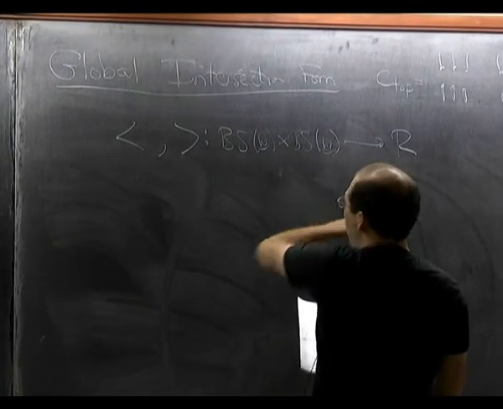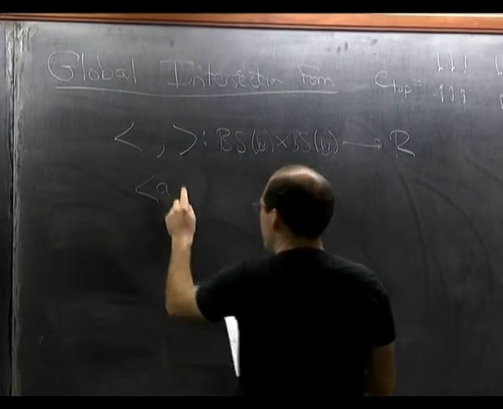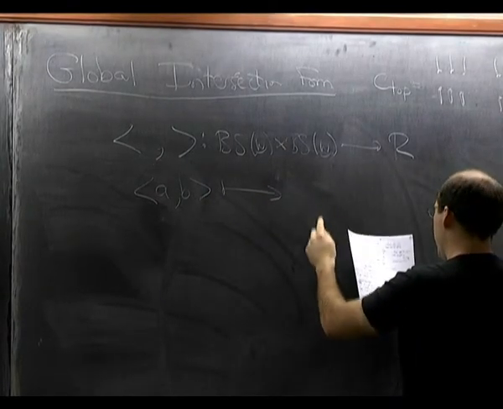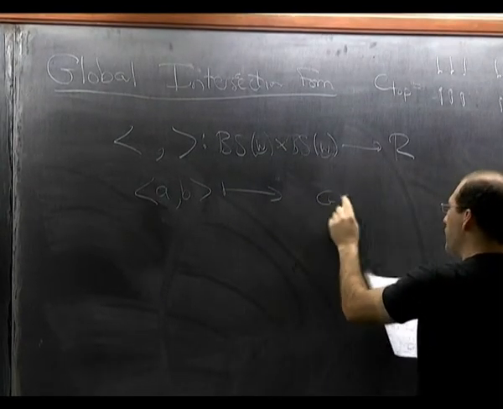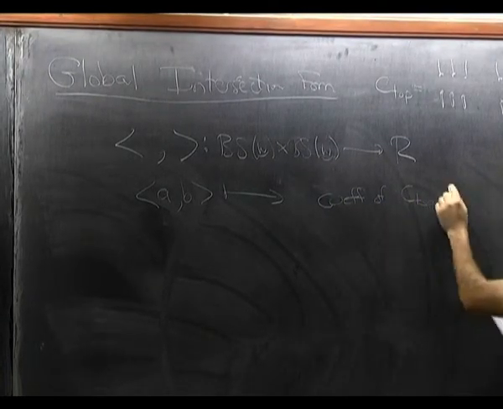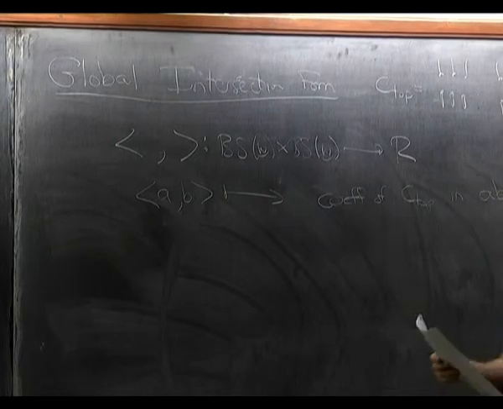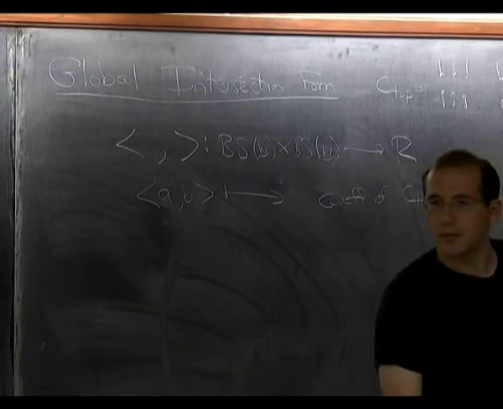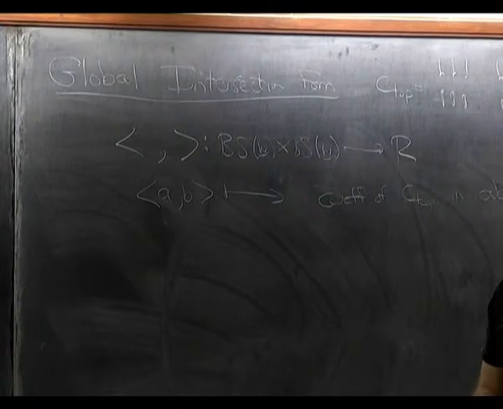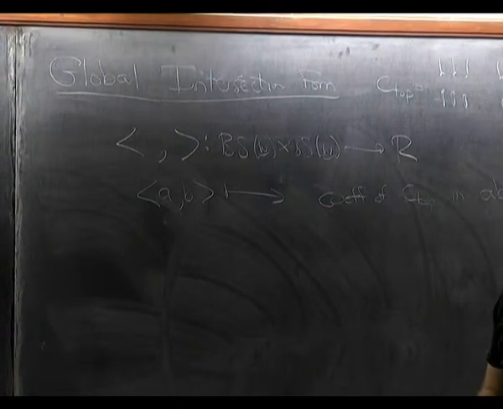Okay, so we have this map, and what it's going to do is take two elements, multiply them, and you get the coefficient of C top. Are the generators determined? Nope.